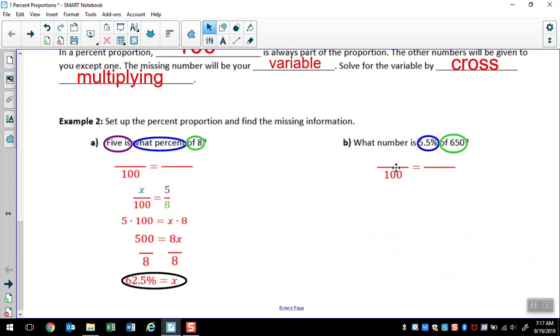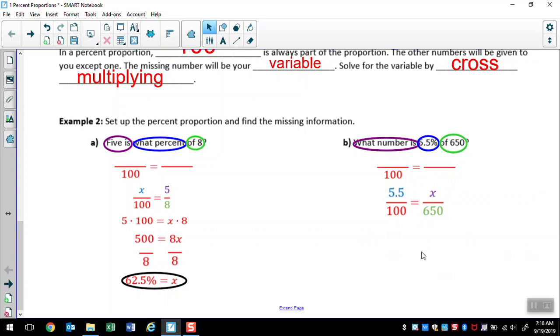So the one that's missing then is my is. What number is? Right, so that's what's going to go up here. So let's see what it looks like all set up. I've got 5.5 over 100 equals x over 650. 5.5 was our percent, my is we didn't know, and my of was 650.